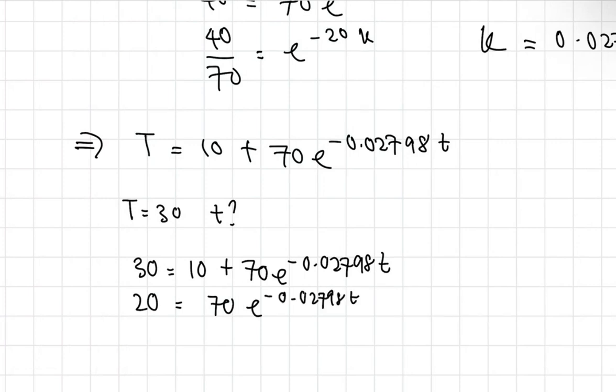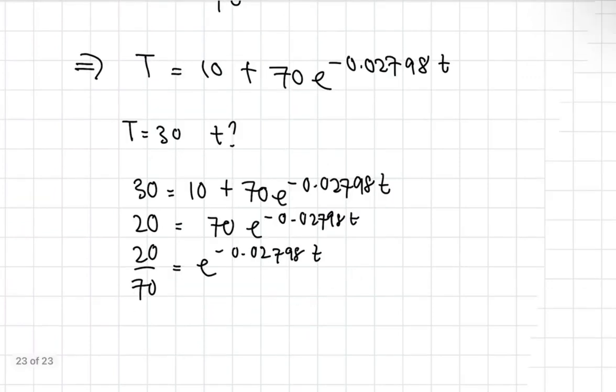Then divide by 70 here. Just do the routine. You also know to solve for t.